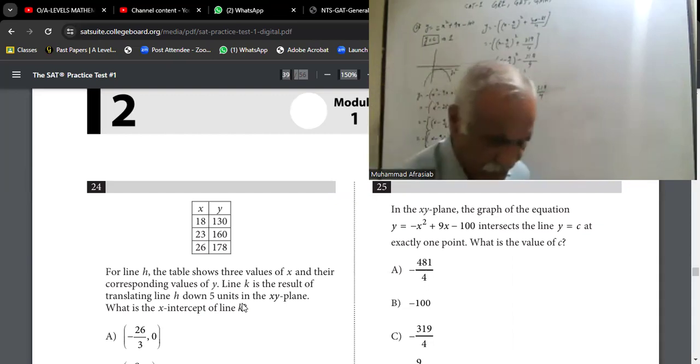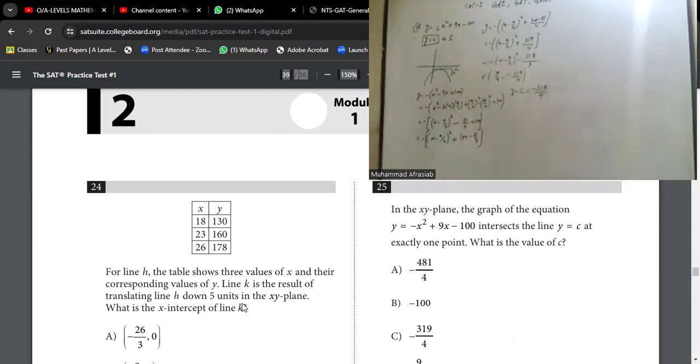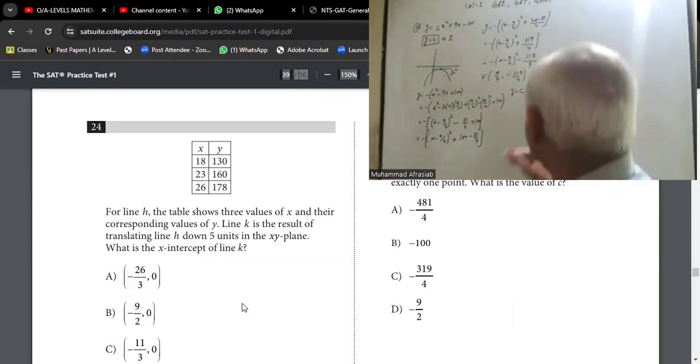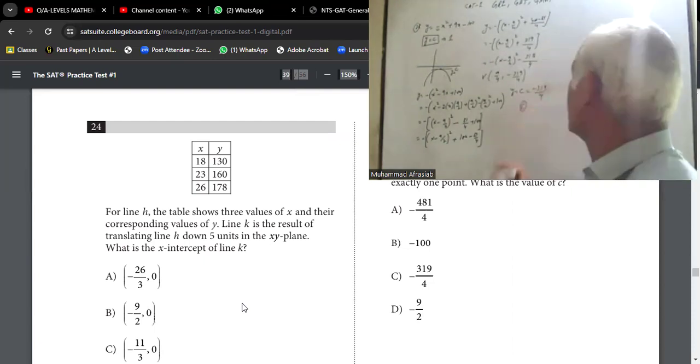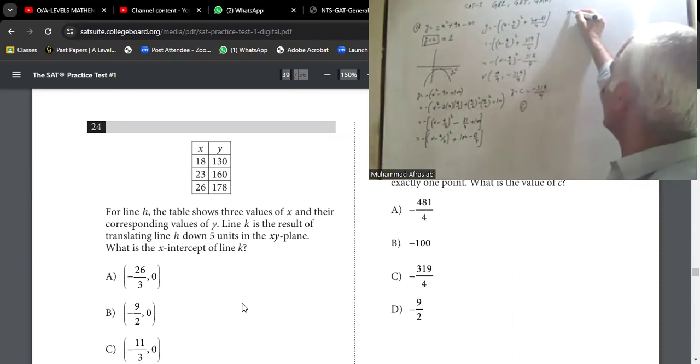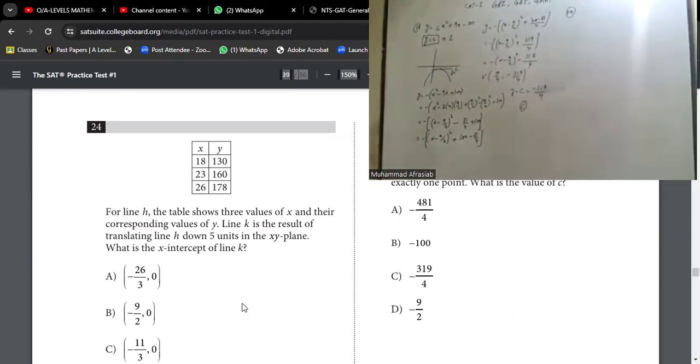And this is the choice C for this portion. For this question number 23. Then question number 24.